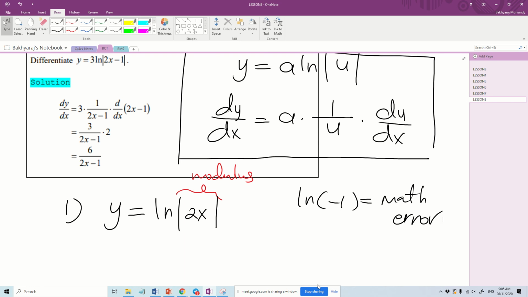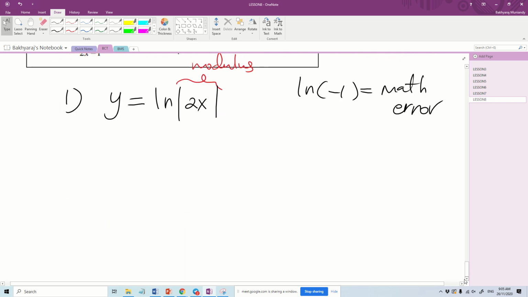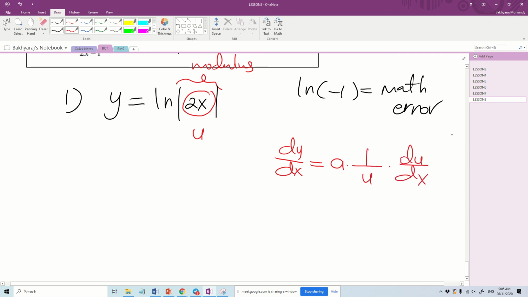Once we understand that, what is our u? This is our u, u is 2x. So I go for the formula: dy/dx is a dot 1 over u dot du/dx.